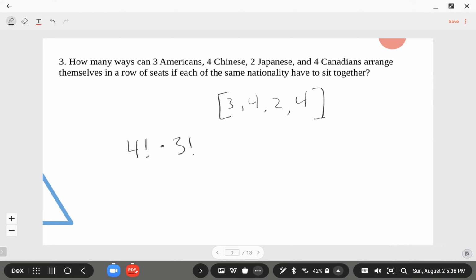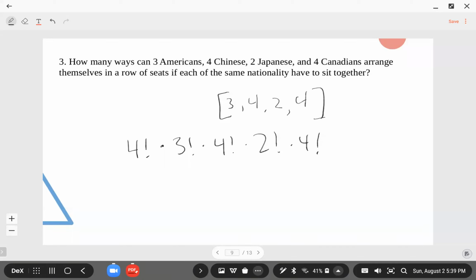Then Chinese, 4 factorial again. Japanese, you have 2 factorial. And then Canadians, you have 4 factorial. So it's not just an overall 4 factorial, because within each nationality, they can permutate themselves. So we have to count those permutations in also.